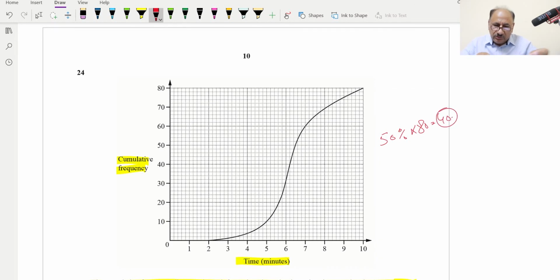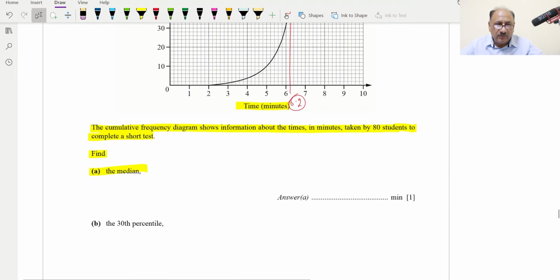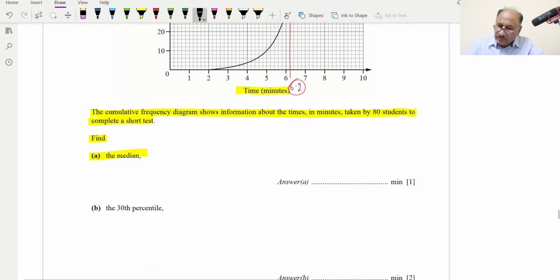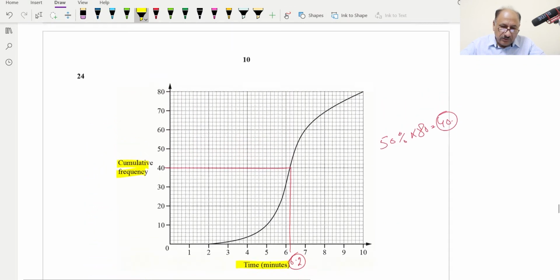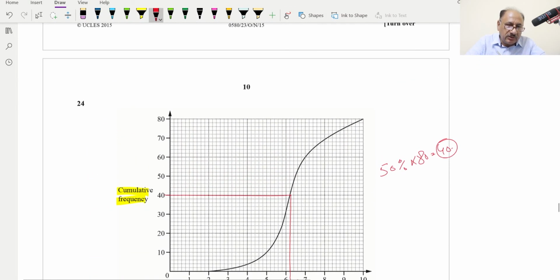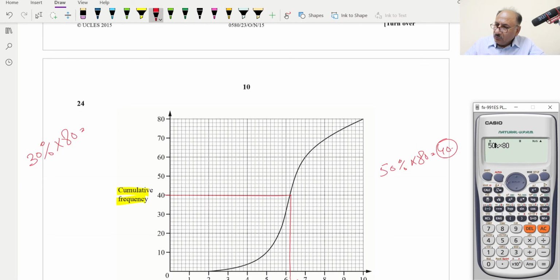So we will use this 40 and check the reference from 40. From here we'll be checking the reference, and this will be 6.2. We can provide the answer as 6.2. Then they are saying the 30th percentile. 30th percentile of 80 will be 24.